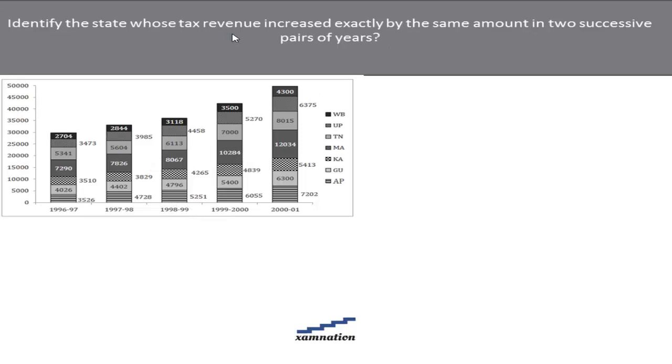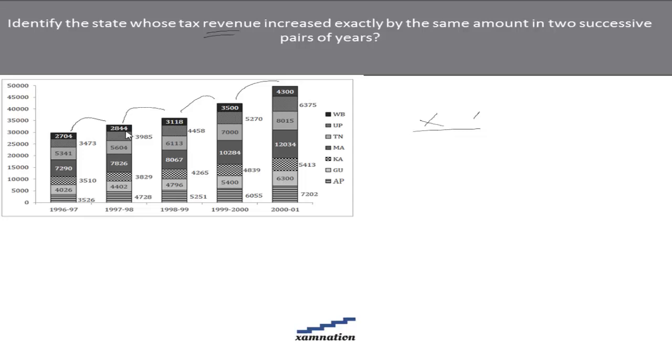Okay, so identify the state whose tax revenue increased by exactly the same amount in two successive pairs of years. If there was X amount of increase in the first year, then next year also it will be X, right? So we need to find that state. We have the data for these two successive years, and the difference between the revenue figures will be the same.